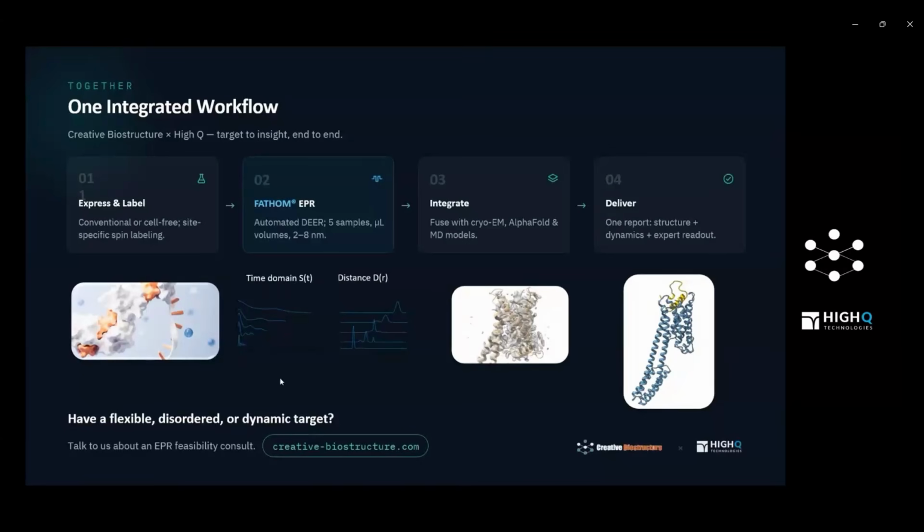And then we will deliver our customer a report of the structure and dynamics and what this means for your protein or other macromolecules. So if your target is flexible, disordered, membrane associated, or simply hard to pin down, those are the cases we want to hear about.